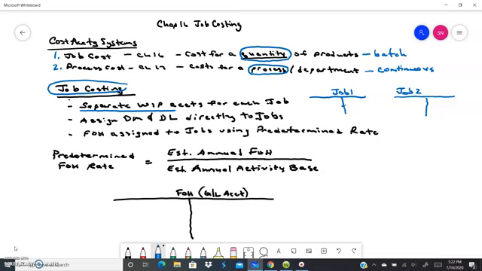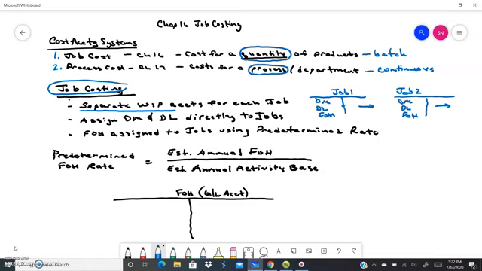So here, each one of these would have direct materials, direct labor, and factory overhead. Each one of these accounts would be assigned direct materials, direct labor, and factory overhead costs into them. And then when they're completed, then of course that's transferred out, and that completed cost tells us the total cost of that job.